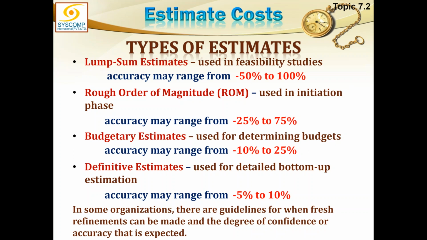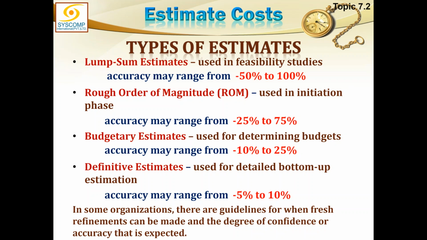at maximum in 1,25,000 rupees. Then comes the detailed estimate, which we call the definitive estimate. This is the estimate of the project manager, and the project manager has created this estimate after adding the cost of everything, all the resources. So once this estimate comes up, this is probably the most accurate out of the previous four estimates.